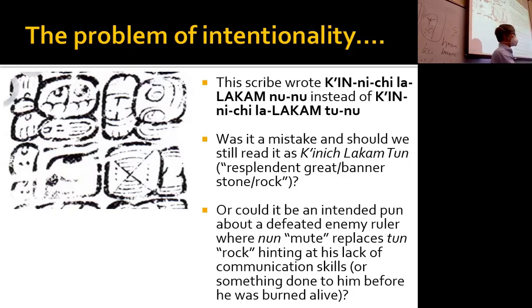And there are monuments showing that. So Inich Lakam Nun literally means mighty great mute, like a deaf person. I mean, maybe he was not good at vocalizing, he was not a great speaker. So maybe his enemies really talked about him, like he's the mighty rock to his followers, and mighty idiot to his enemies. And so this is not an official monument.